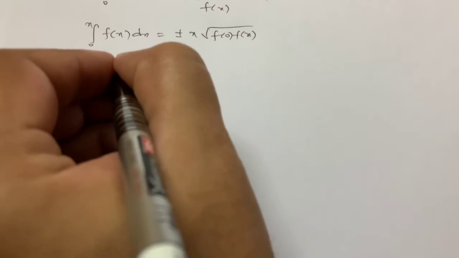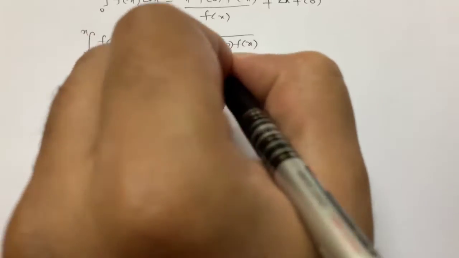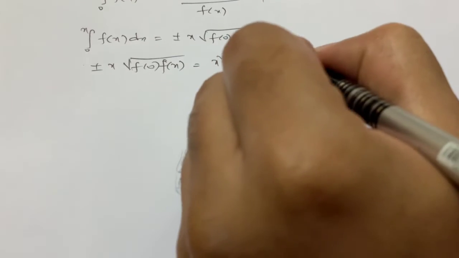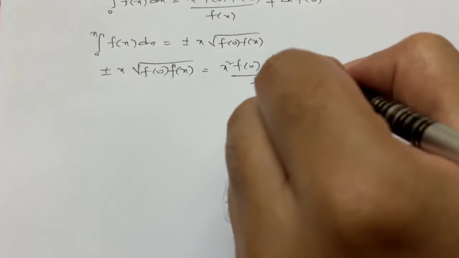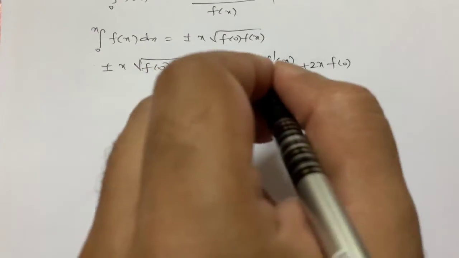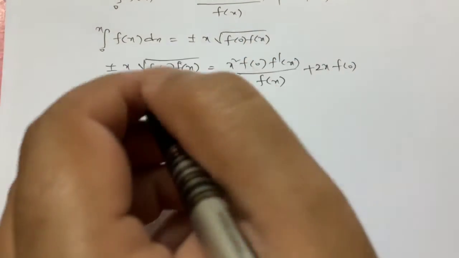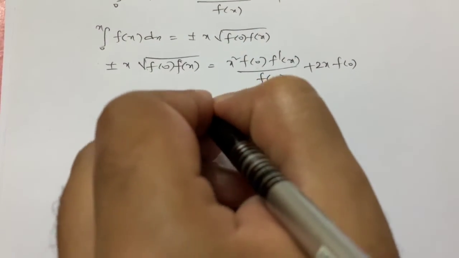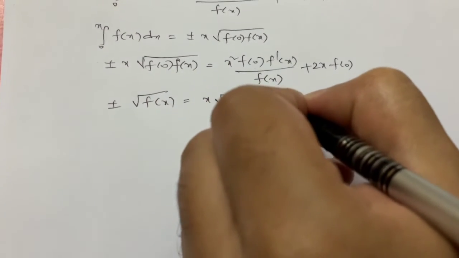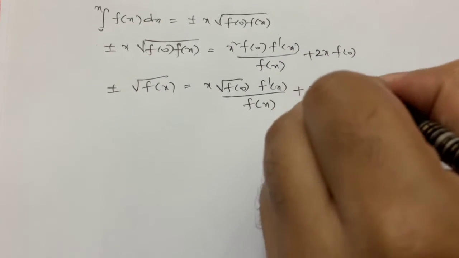So it will be ± x √f(0) √f(x) = x² f(0) f'(x)/f(x) + 2x f(0). We can cancel one x throughout, and √f(0) also. So we'll have ±√f(x) = x √f(0) f'(x)/f(x) + 2√f(0), right?